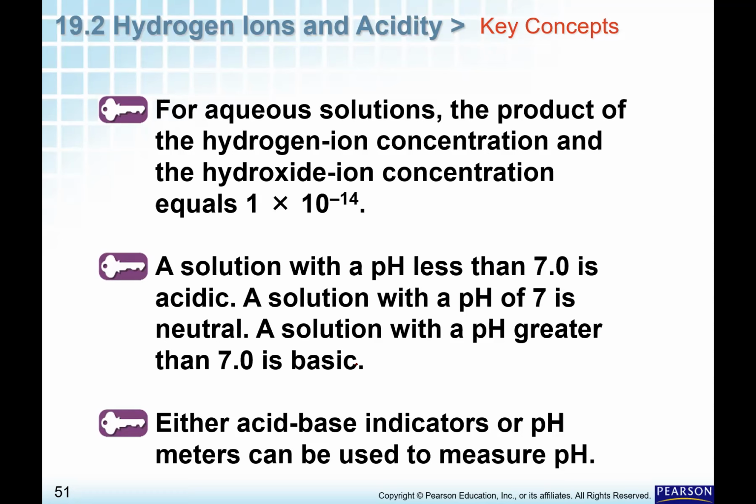The second thing we learned is that the pH is equal to the negative logarithm of H plus. We can use the calculator to determine that. And the last thing we talked about is measuring the pH either by an indicator paper or by using the pH meter.